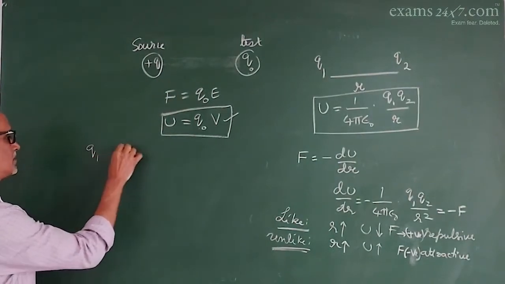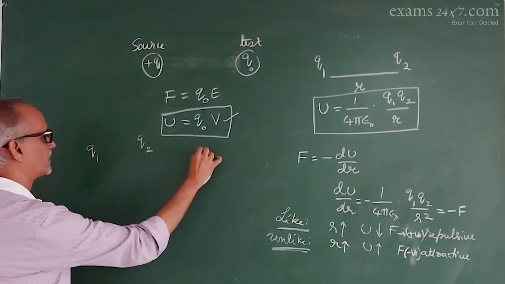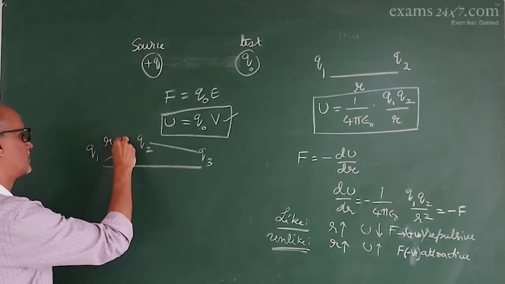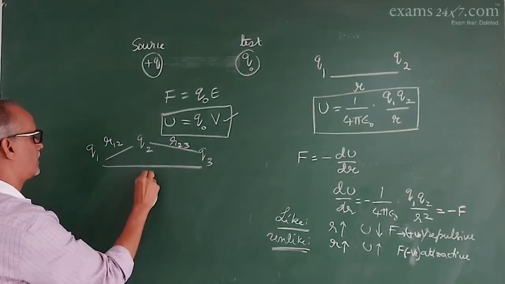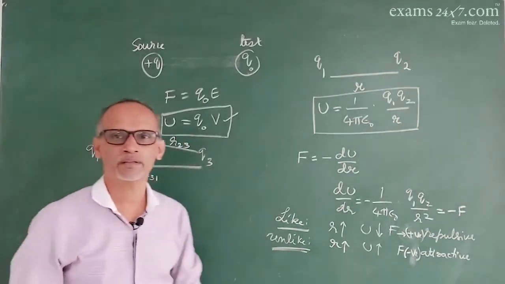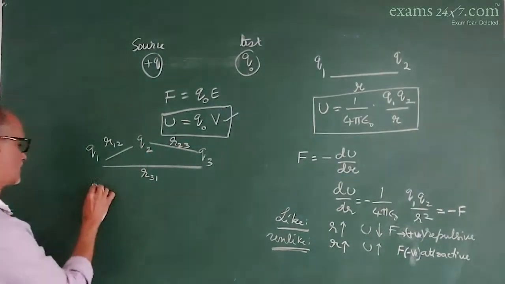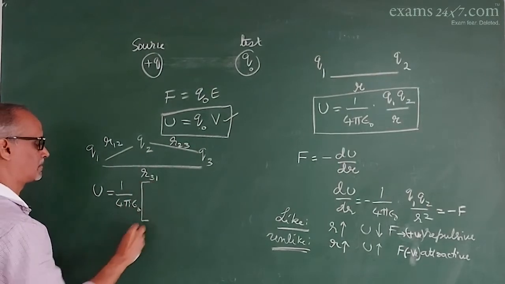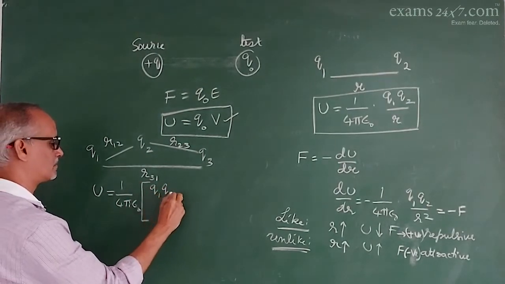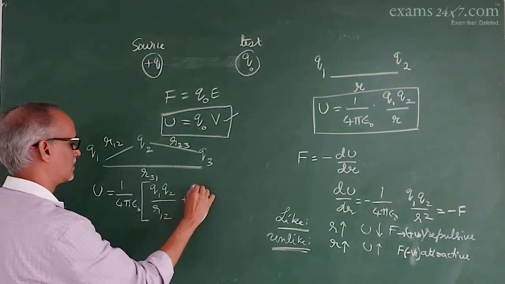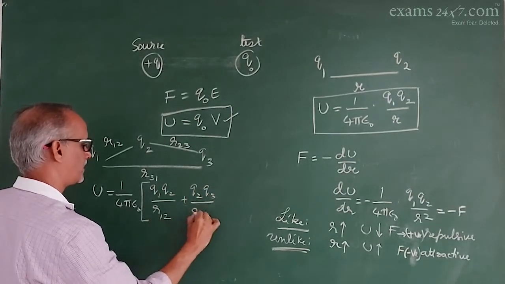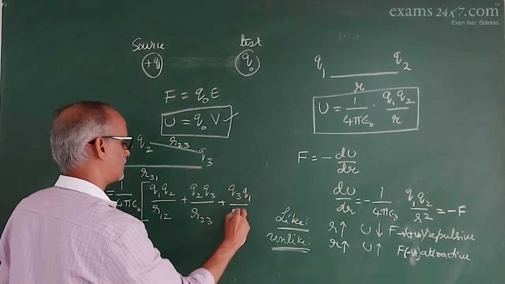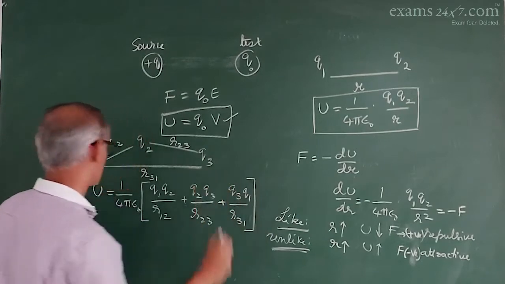If there is a three charge system, Q1, Q2 and Q3, separated by R12, R23 and R31, then the energy stored in the system of three charges is given by U is equal to 1 by 4 pi epsilon naught, Q1 Q2 by R12 plus Q2 Q3 by R23 plus Q3 Q1 by R31.